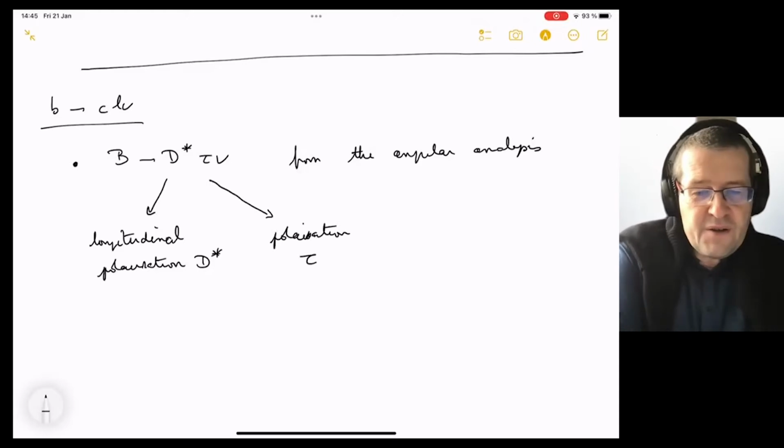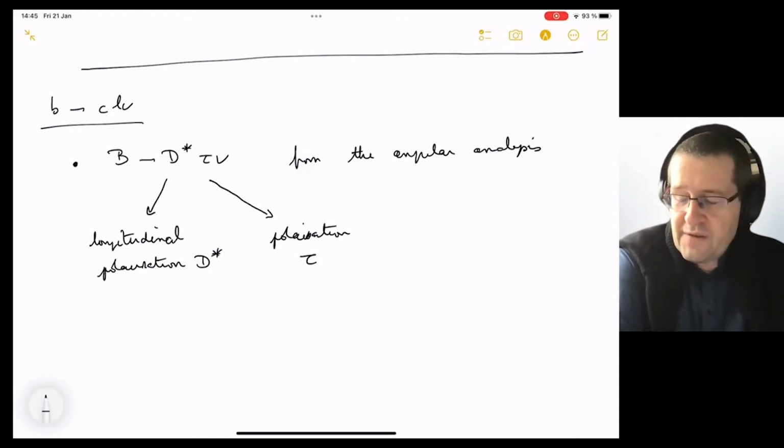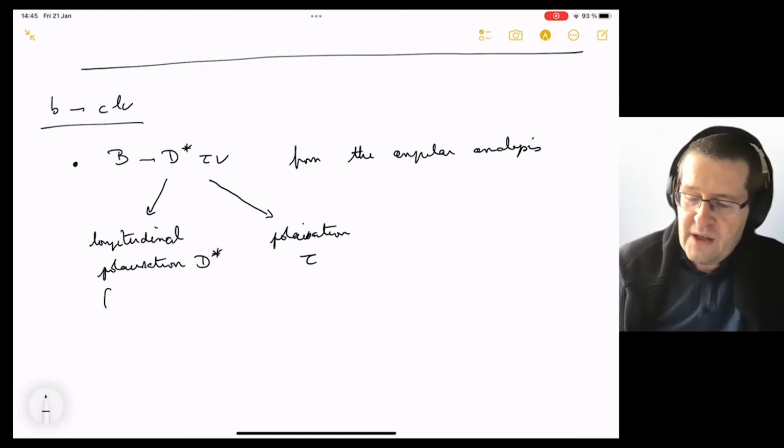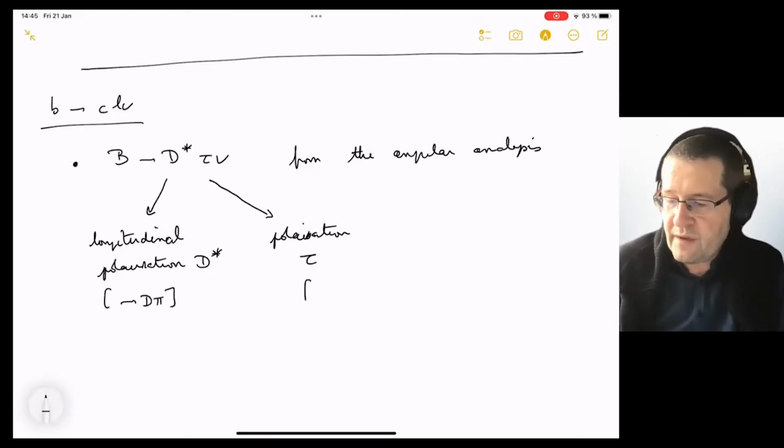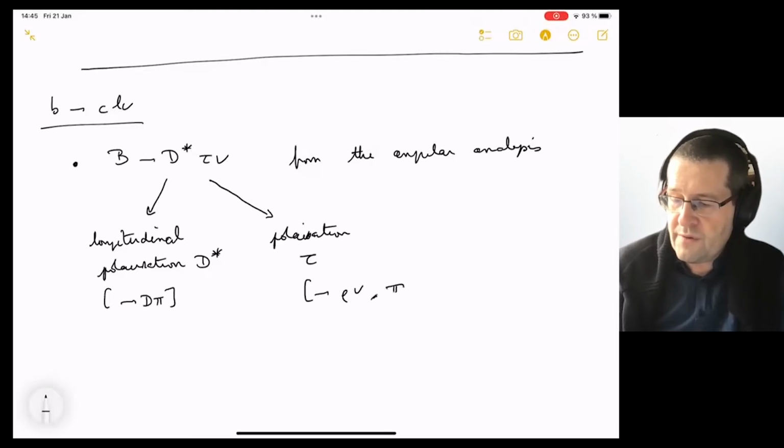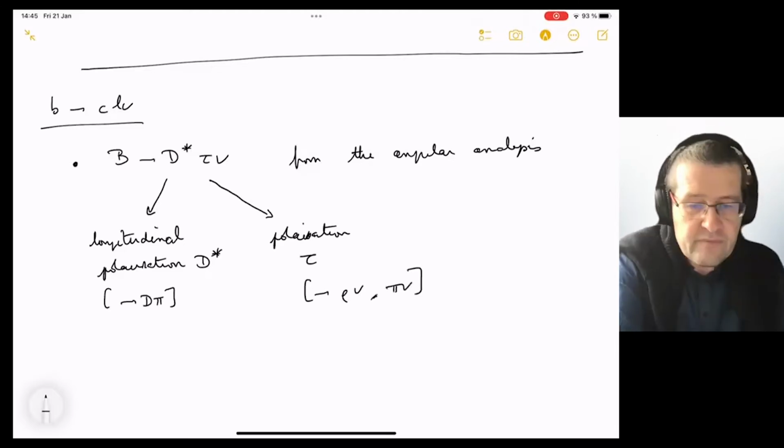So in both cases, what you do is you look at the further decay of either the D star or the tau into a rho or a pi.